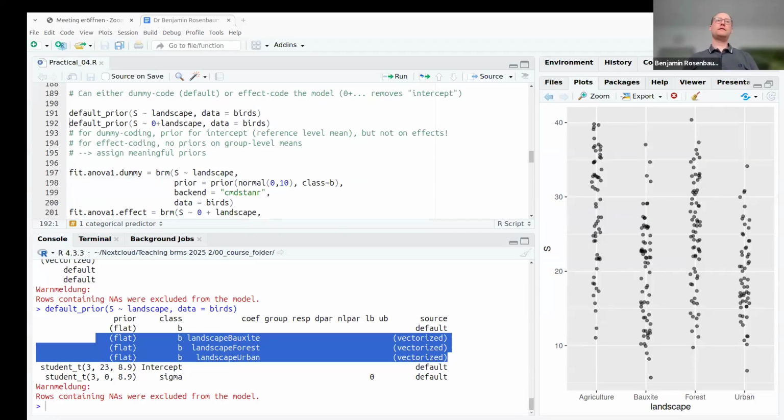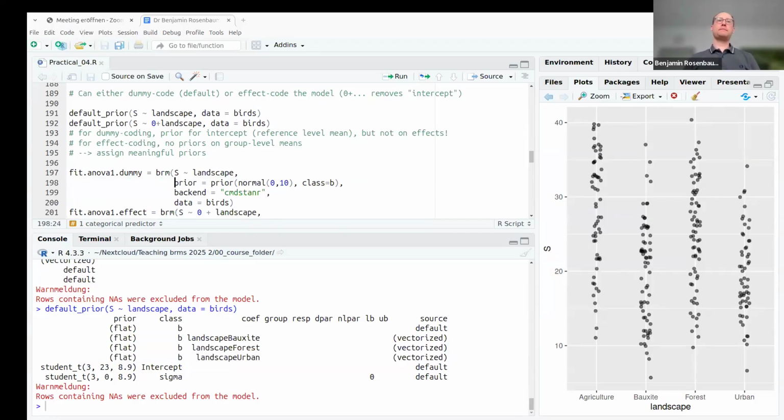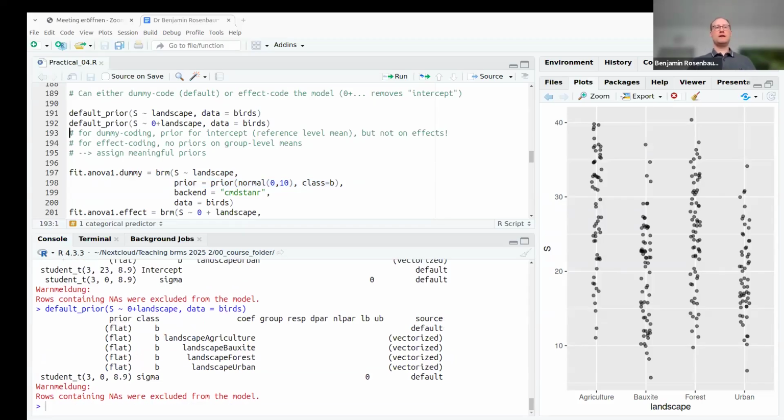So you could fit this model with some prior for the differences. So how much do you expect that something deviates from the reference level? The other model, on the other hand, if you do not have an intercept and you fit all the group level means directly, here the priors are a bit different.